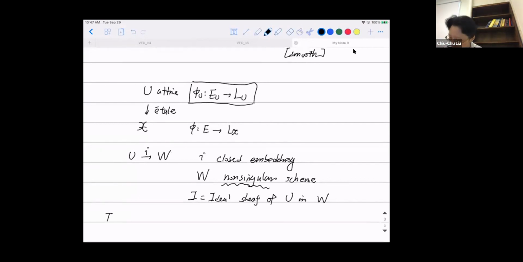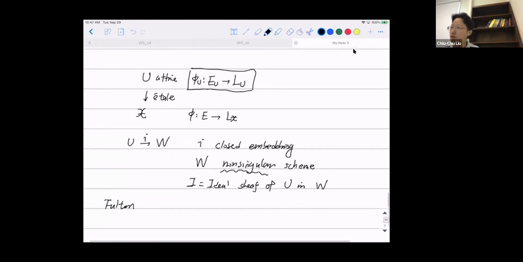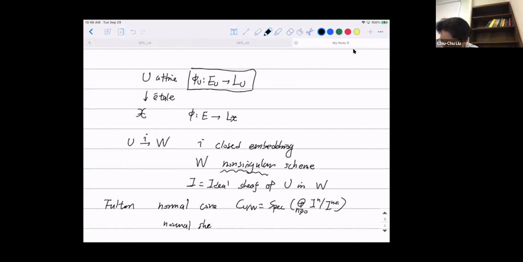Now in just classical intersection theory, we have the normal cone of the embedding, and also the normal sheaf of U in W.